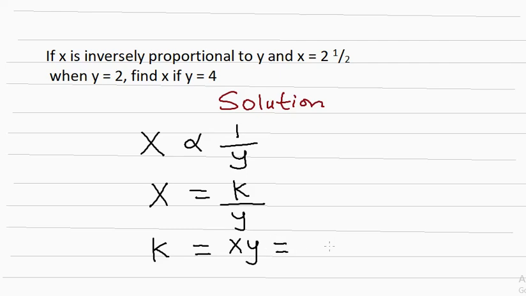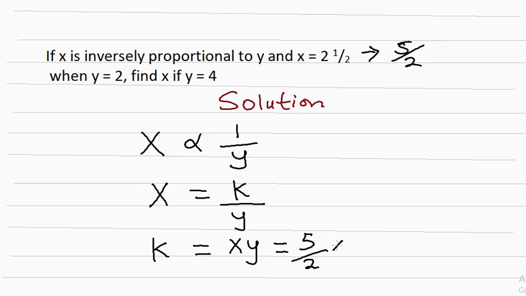Inserting the initial value, X is equal to 2.5. I have to convert it to an improper fraction: 2 times 2 is 4, 4 plus 1, that's 5 all over 2. So X is 5 all over 2. Let me put that there.